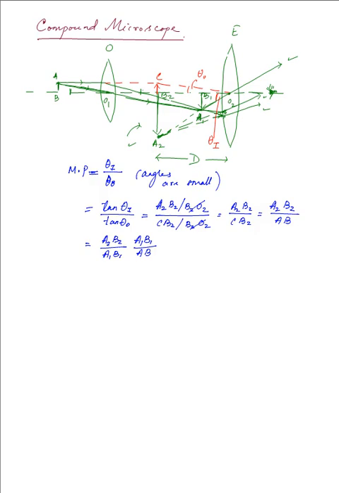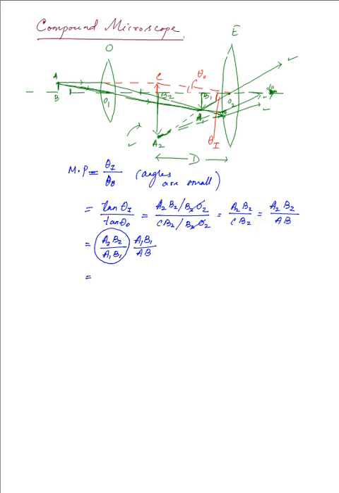Now, if you observe this, this is the magnification in case of the eyepiece, because the eyepiece has A1B1 as its object and A2B2 as its image. So image size over object size is going to give me the magnification due to the eyepiece. And as we can also observe over here, the eyepiece is magnifying in the form of a simple microscope because the object is lying within the focal length.